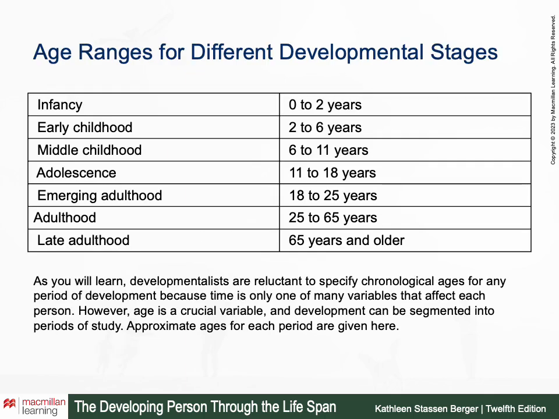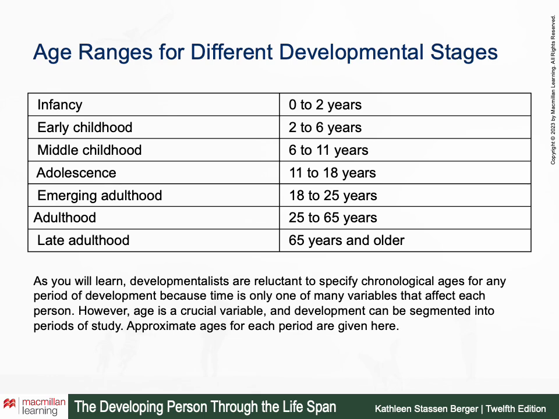And here you have a table that breaks down these different developmental stages and the age at which we expect to see them occur. That doesn't mean that these are the only times that these things can occur, but these are the time periods that we will be looking at, and how they're broken down into age groups. So, age ranges for different developmental stages.